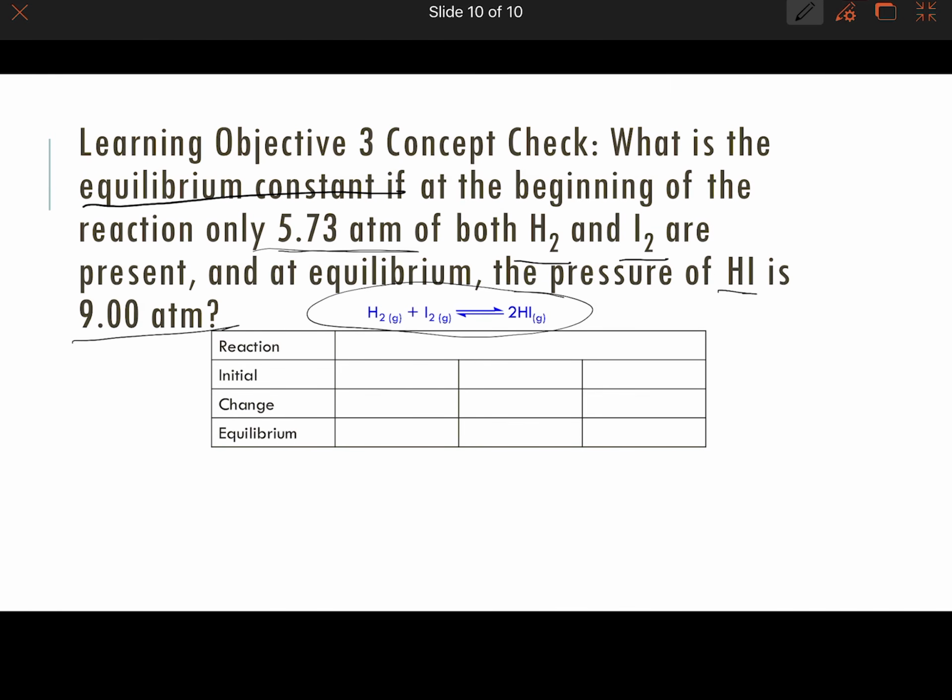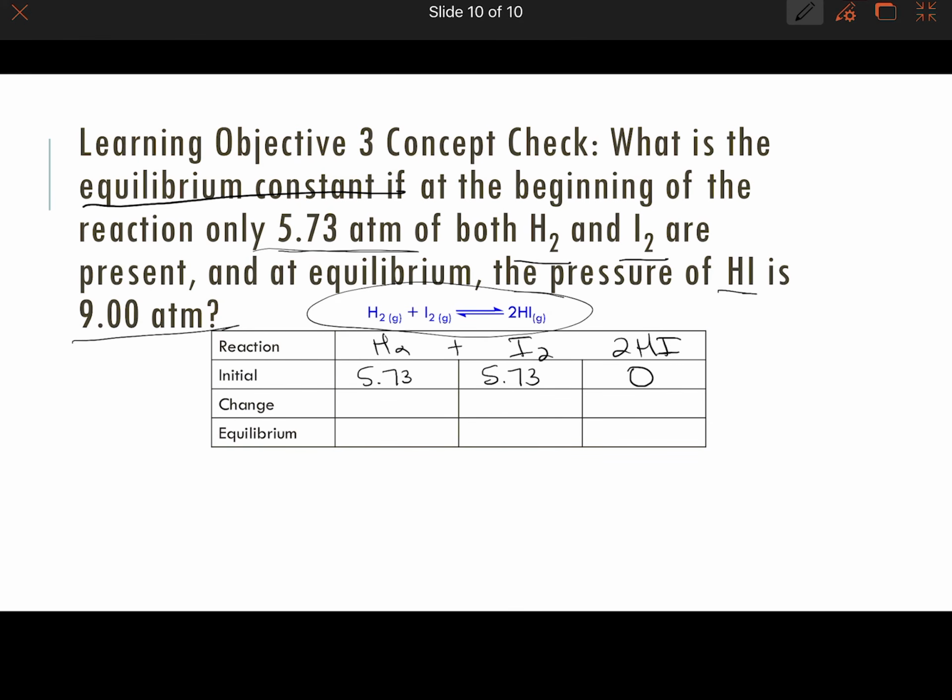Okay, so we have H2 plus I2 going to 2HI. Okay, so we start out with none of our product but 5.73 atmospheres of both of our reactants.